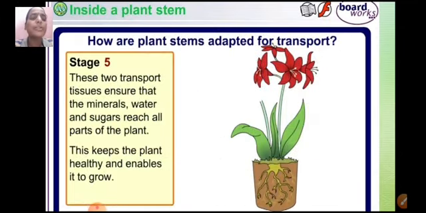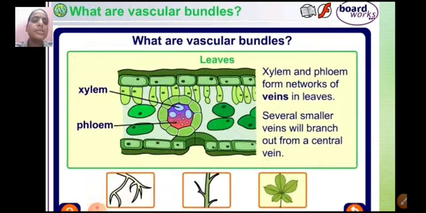So they are like pipes which connect the different parts of the plants. Now how are plant stems adapted for transport? These two transport tissues ensure that the minerals, water and sugars reach all the parts of the plant. This keeps the plant healthy and enables it to grow.